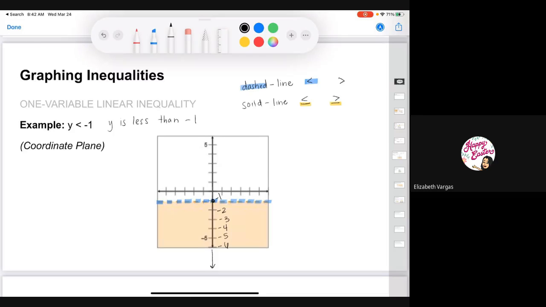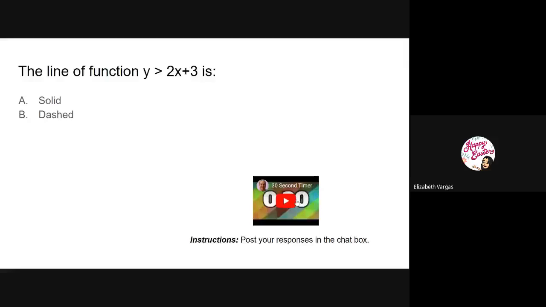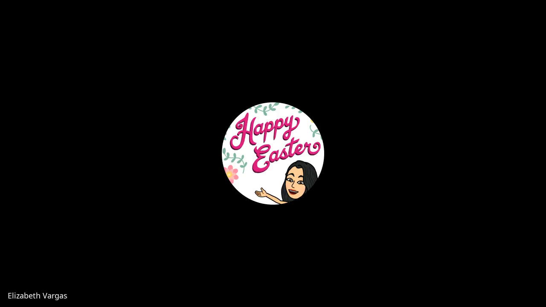So let me just do a quick check for understanding again, because this is the most important part. Here's our check for understanding.